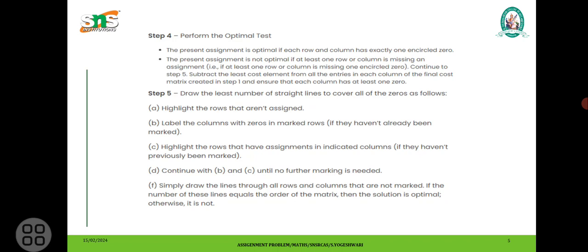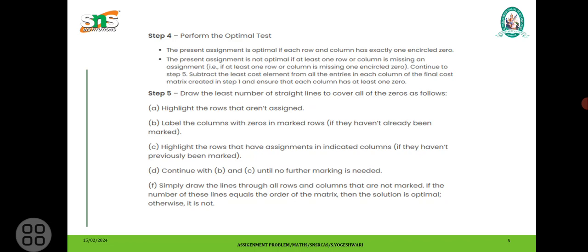Step 5: Draw the least number of straight lines to cover all of the zeros as follows. Mark the rows that are not assigned. Mark the columns with zeros in marked rows.